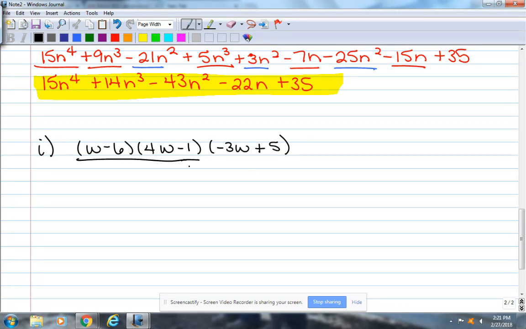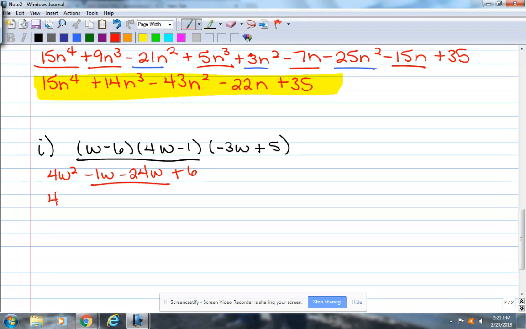W times 4W is what? 4W squared. W times -1 is -1W. -6 times 4W is -24W. And -6 times a -1 is a positive 6. And then these are like terms.